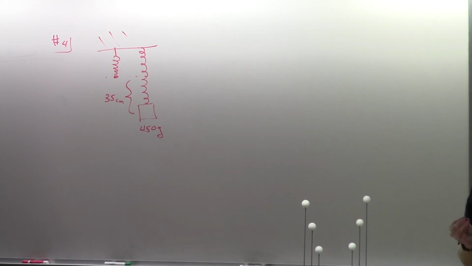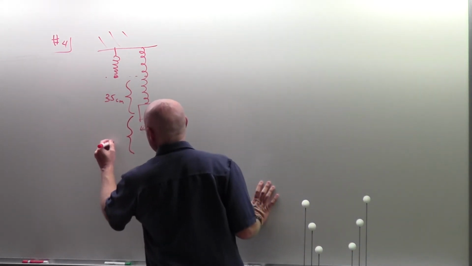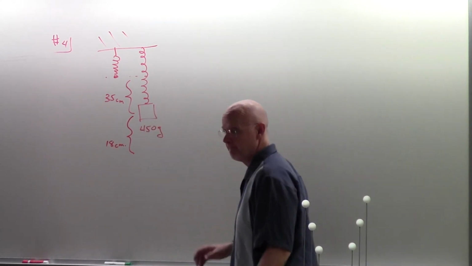Then it says we pull it down an additional 18 centimeters and release it from rest, and it begins to oscillate without friction. What is the position, the moment 84.4 seconds later? Okay, so in other words, we pull this down 18 centimeters more.